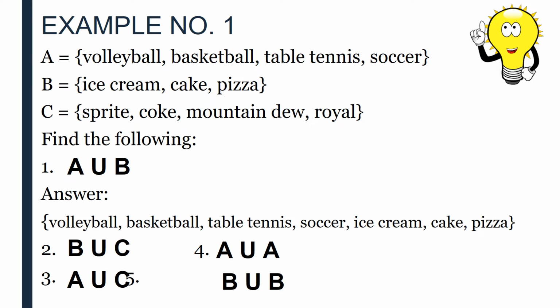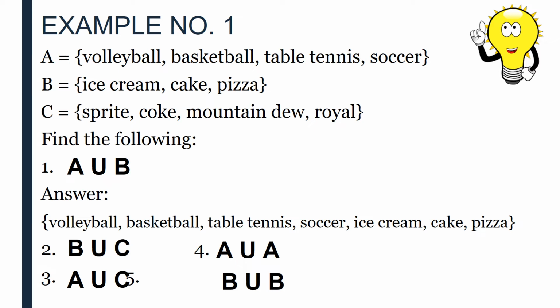For number 3, pagsasamahin natin ang set A at set C. So, the union of set A and set C, so our answer will be volleyball, basketball, table tennis, soccer, Sprite, Coke, Mountain Dew, and Royal.